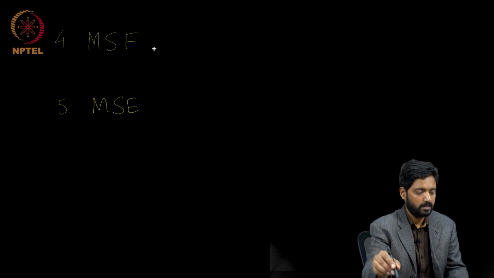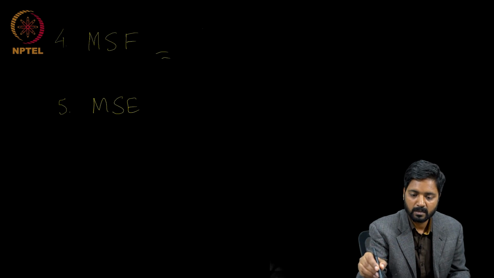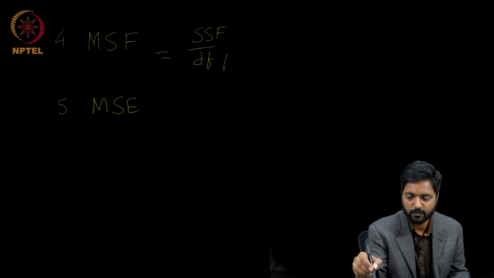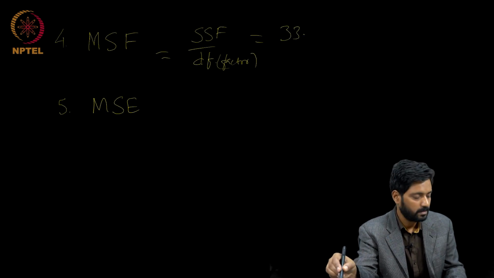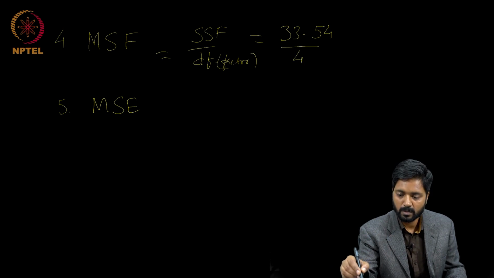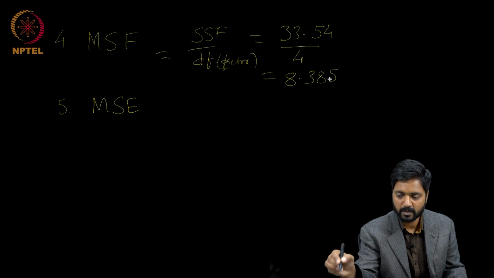the mean square factor and the mean square error. The mean square factor is nothing but SSF by the degrees of freedom for factor, which is 33.54 by 4, equivalent to 8.385.